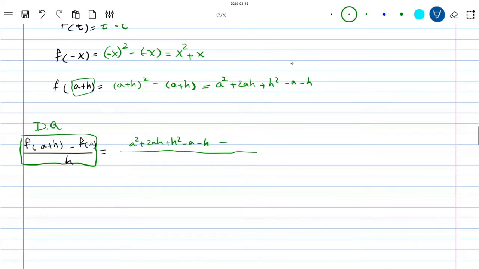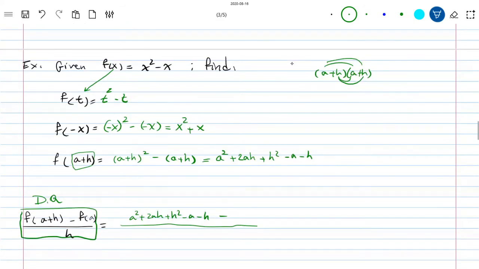Minus f of a. What is f of a? Into the function f, I replace a. So minus f of a, which is a squared minus a. Again, this is f of a plus h, this is f of a, and I'll divide by h.